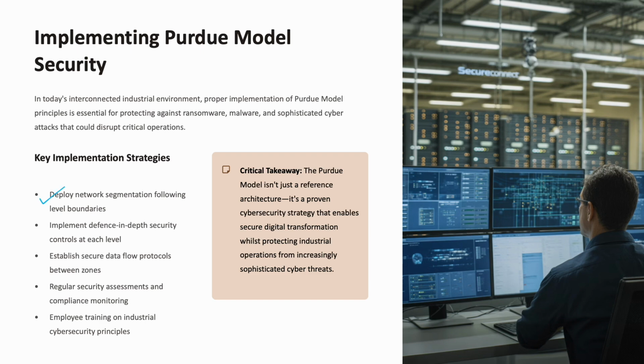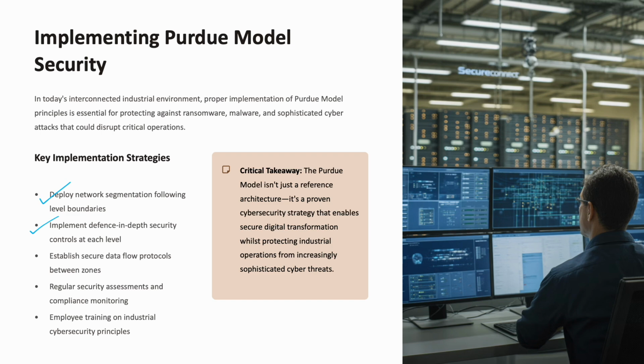The first one is to deploy network segmentation in line with Purdue model level boundaries. By segmenting your network according to the model, you can create natural barriers that make it harder for attacks to spread between business and operational systems. The next one is to implement defense in depth security controls at each level, not just at the perimeter.